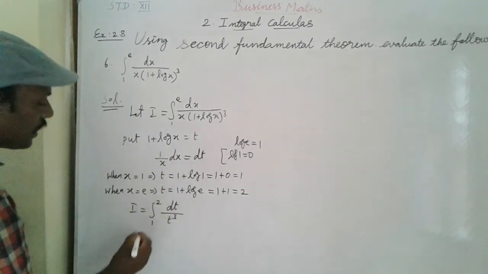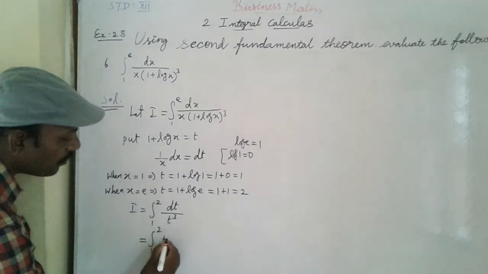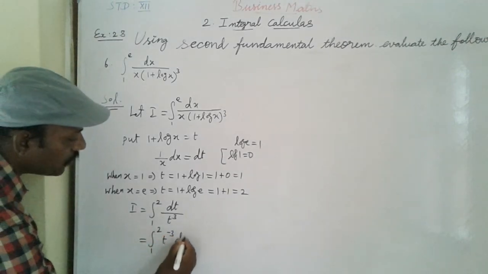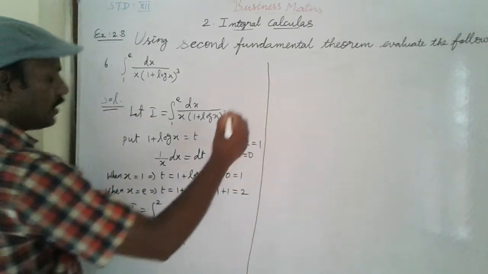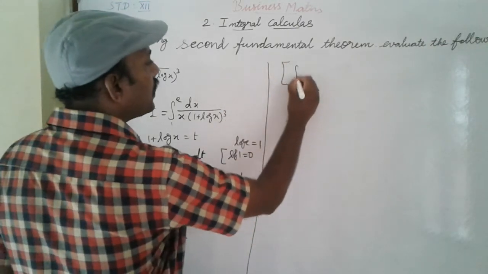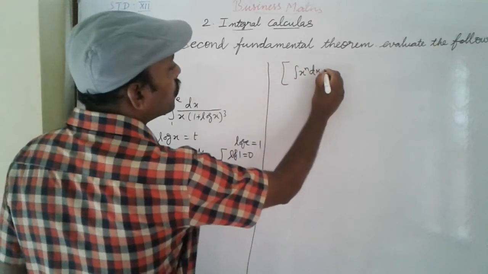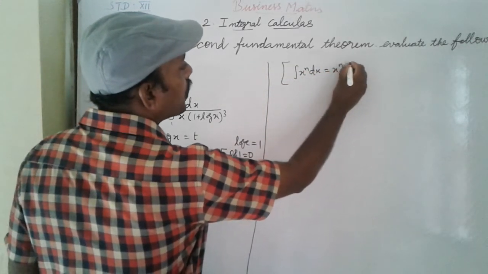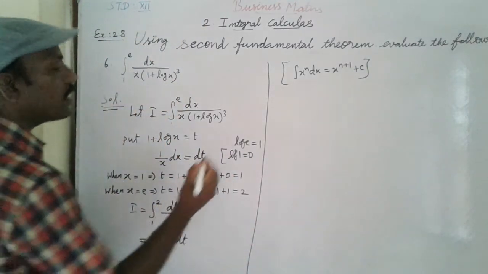So it becomes integral 1 to 2 t power minus 3 into dt. We know the formula: integral x power n into dx equals x power n plus 1 divided by n plus 1, plus c. We should substitute this formula here.